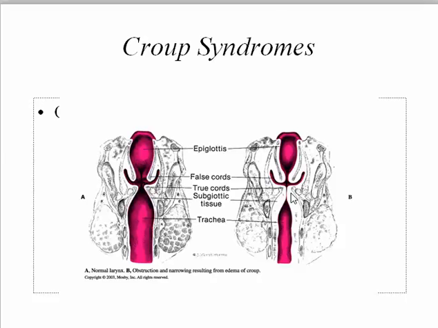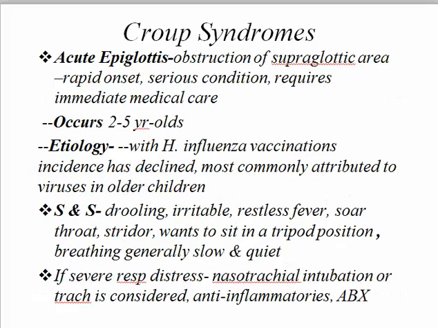All right, so now we're going to move on and start with the first croup syndrome. Croup syndromes are described by the area that's involved. We're going to start off by talking about epiglottitis.